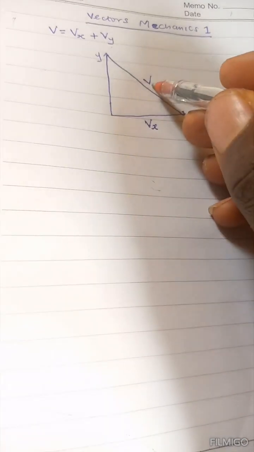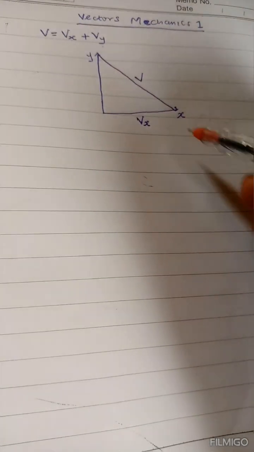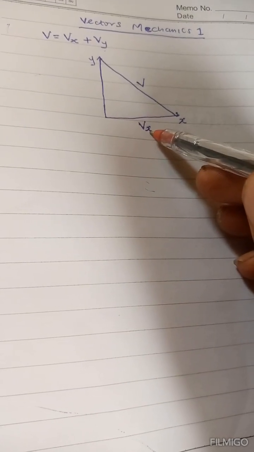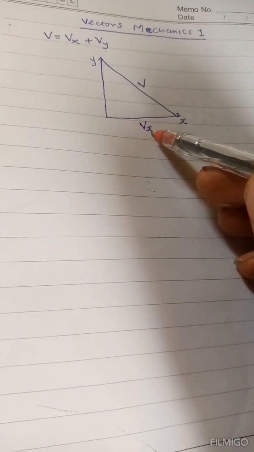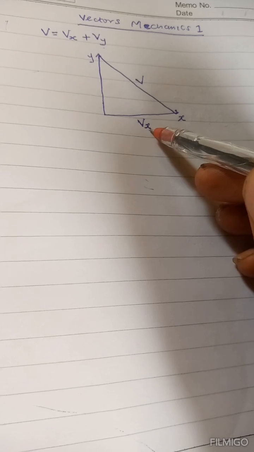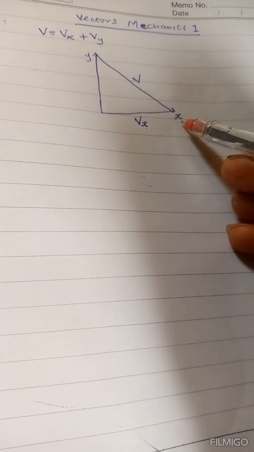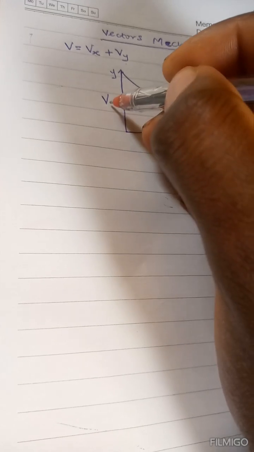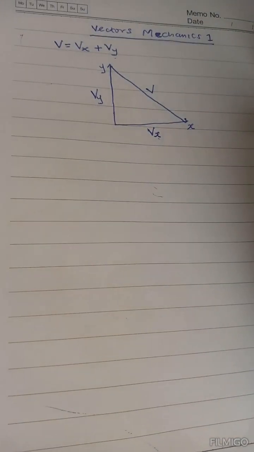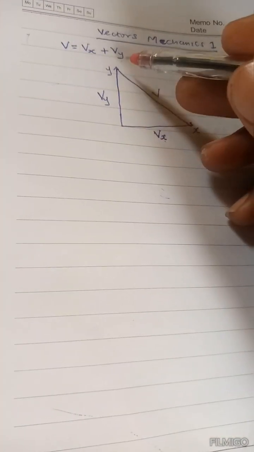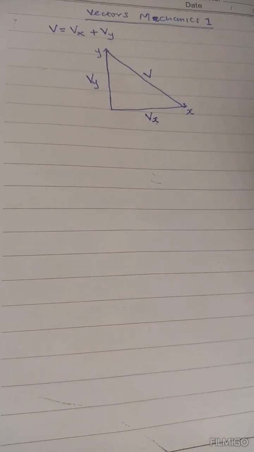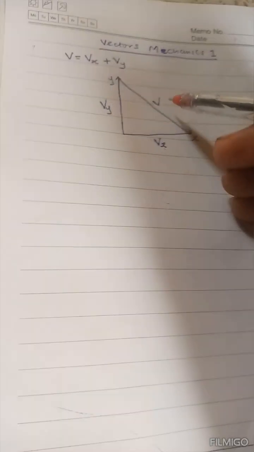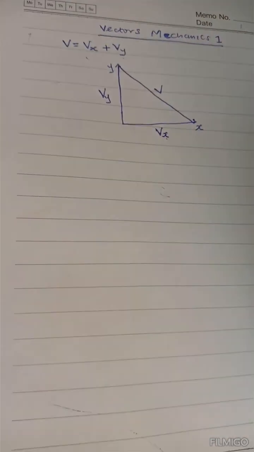So vector v is split into a component called vx along the horizontal axis, and also into vy along the vertical axis. This is how we get our vector components.